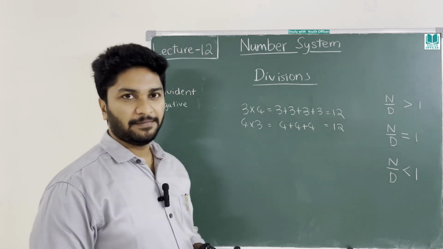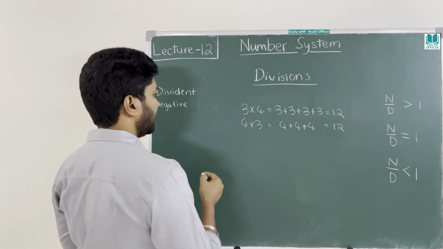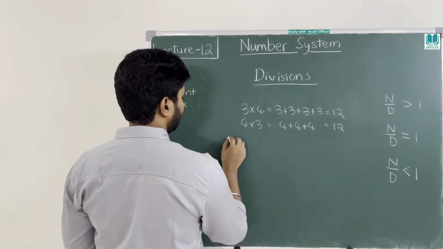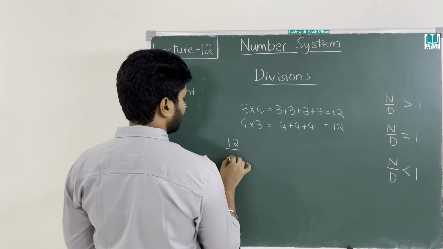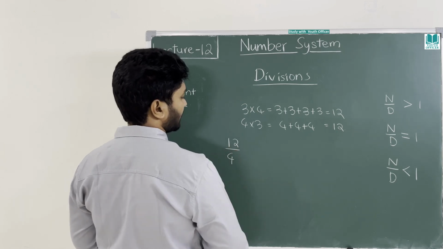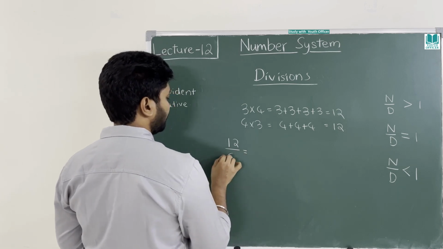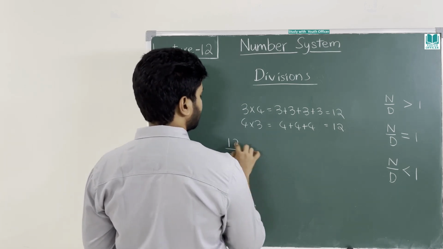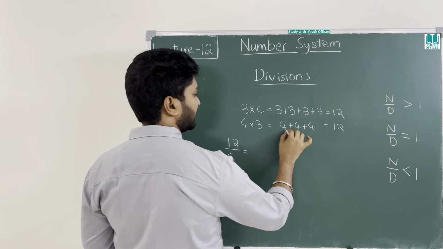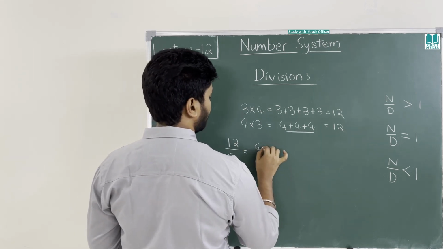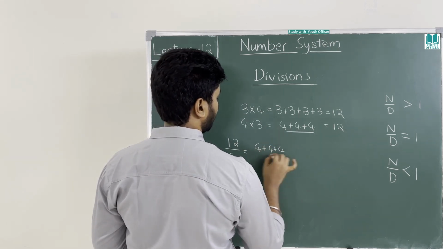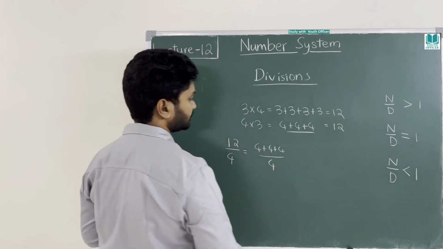But what do you mean by division? Division is like if there is 12 and there is 4 here. What we write is this 4. This 12 I can represent like this, right? 4 plus 4 plus 4 by 4.